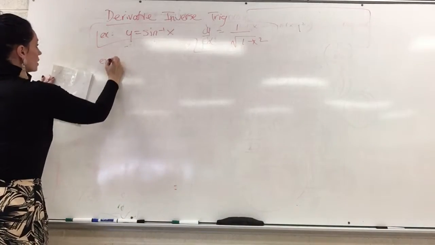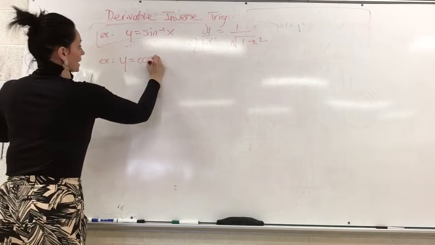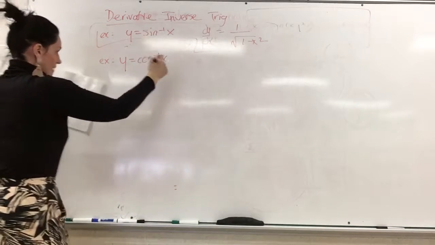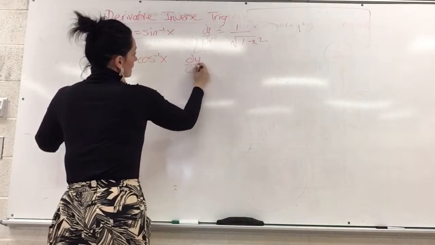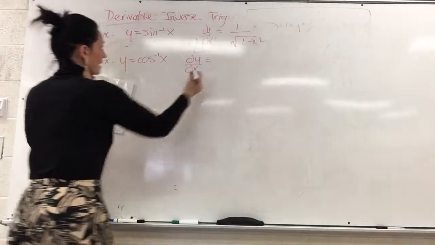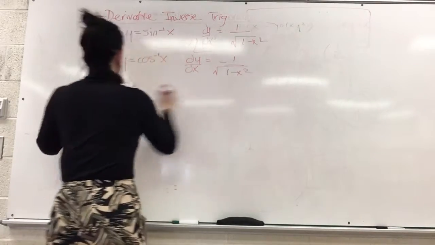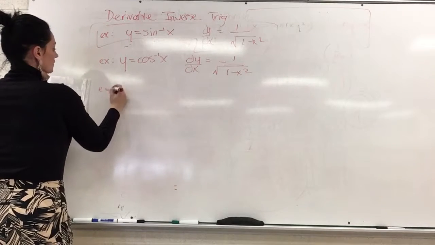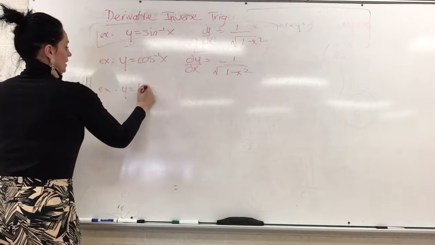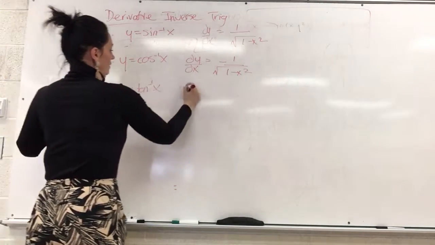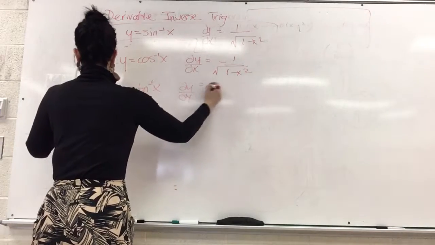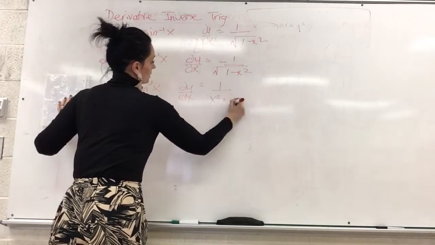I'm just going to show you, and you're going to believe me, but you could derive the same thing. So the derivative of inverse cos of x is minus 1 over the square root of 1 minus x squared. And the derivative of inverse tan of x is 1 over x squared plus 1.